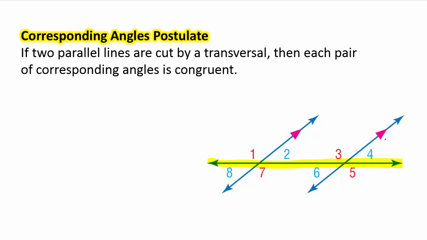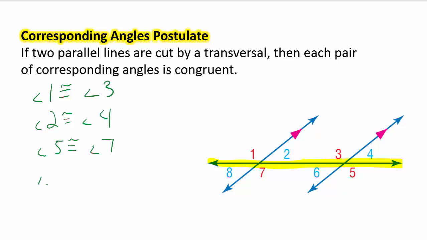I can say that angle 1 is going to be congruent to angle 3. I could also say that angle 2 is congruent to angle 4. Angle 5 is congruent to angle 7.